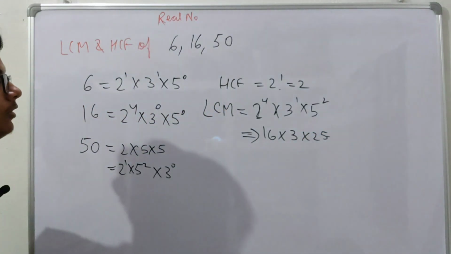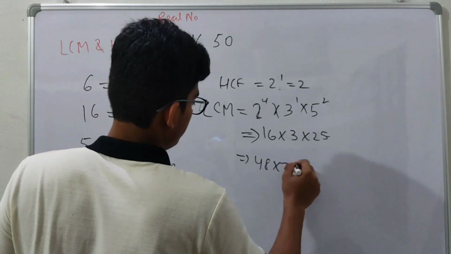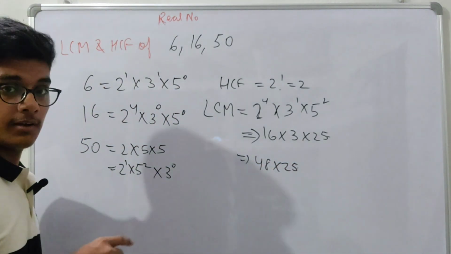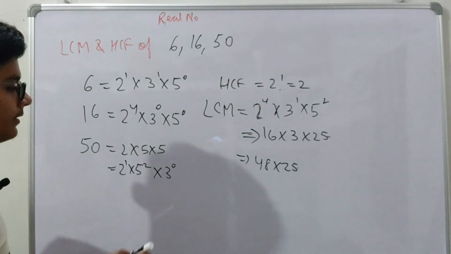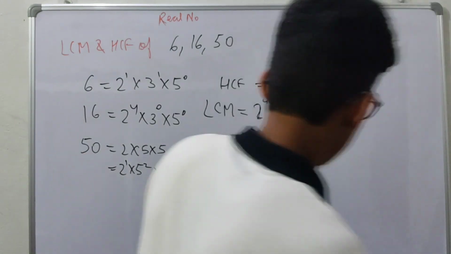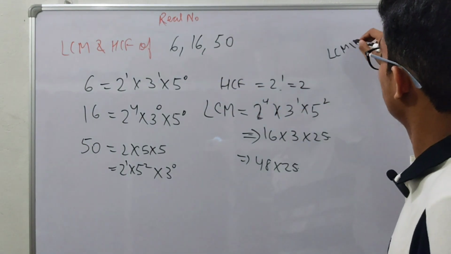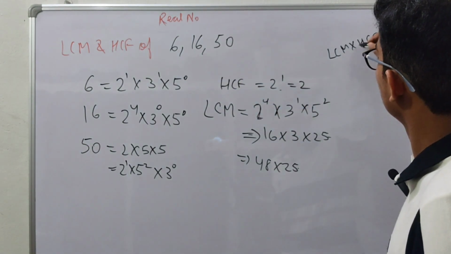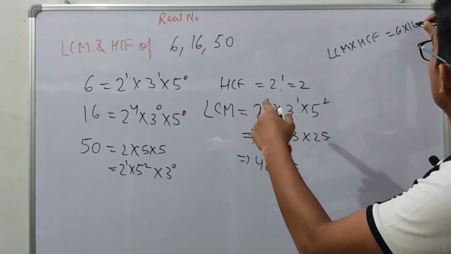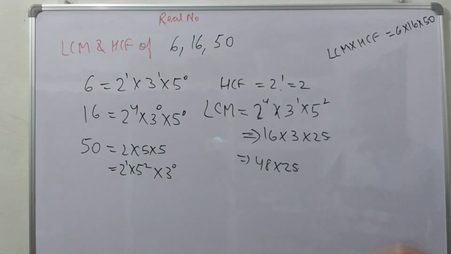Now this is also 48 into 25. Now we have to check here. The checking process is that LCM into HCF will be equal to 6 into 16 into 50.